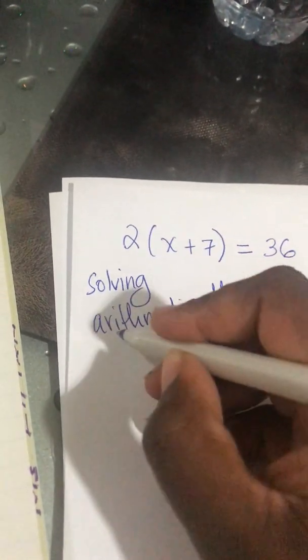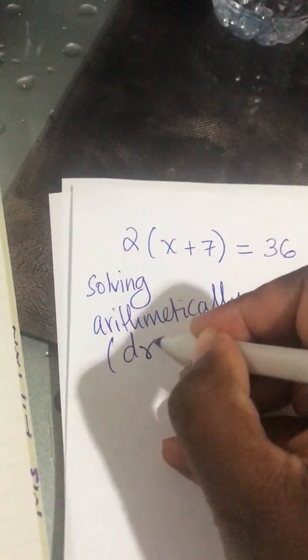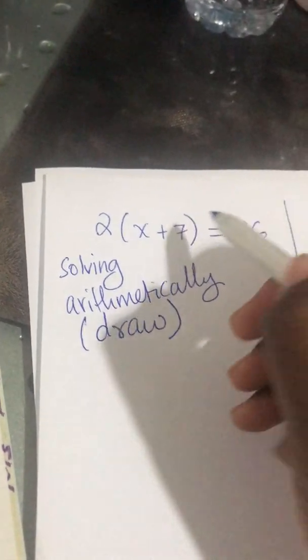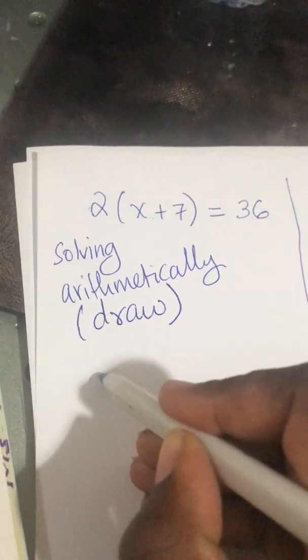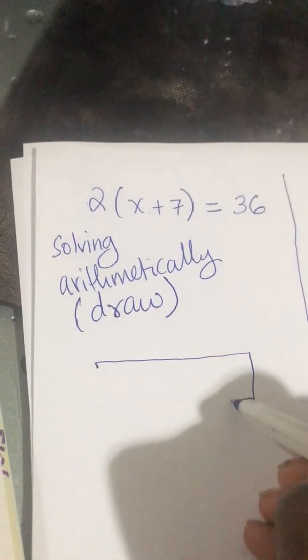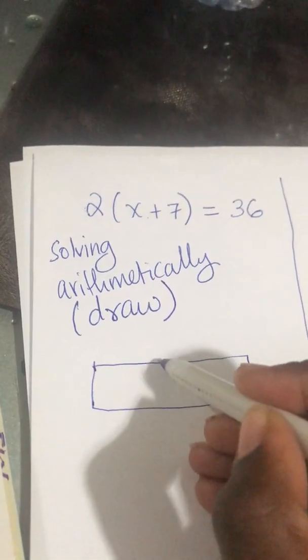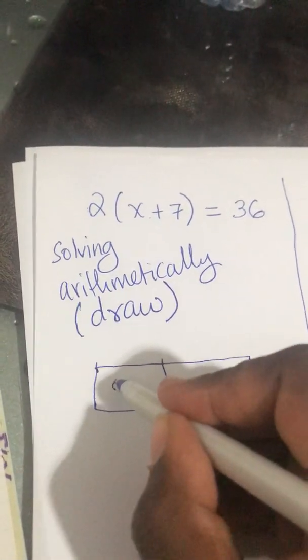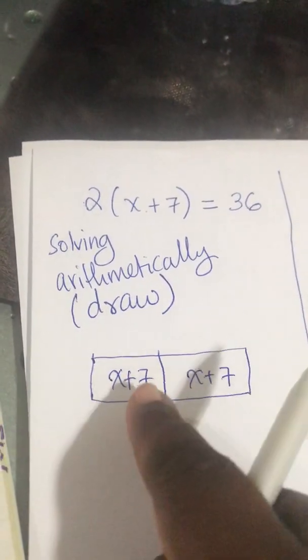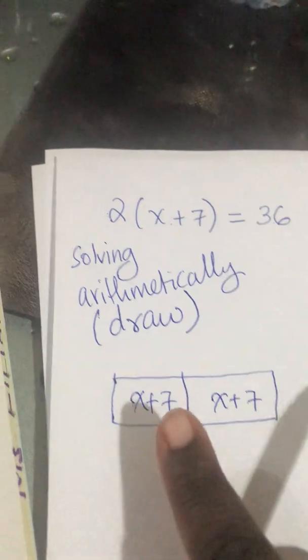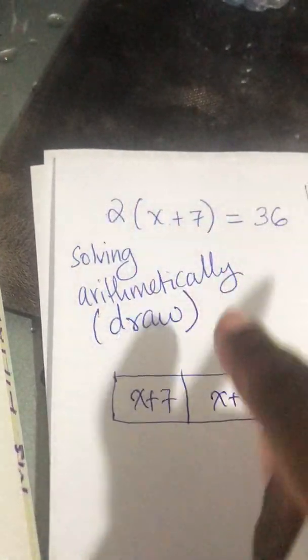So you solve arithmetically, this means draw. Draw what this means. So I need 2 of these. How do I know? Because 2 times this. So I draw a rectangle with 2 boxes. I write x plus 7, x plus 7. So these 2 boxes represent this 2.